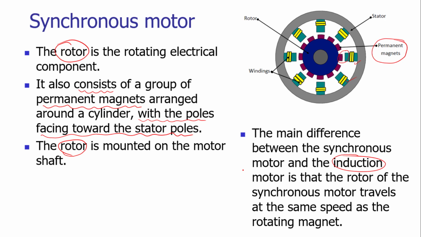This is the prominent advantage of the synchronous motor: the rotor speed is similar to the stator speed. Whatever rotation the stator provides in the magnetic field, the rotor will follow. But that is not the situation in the induction type alternating current motor.